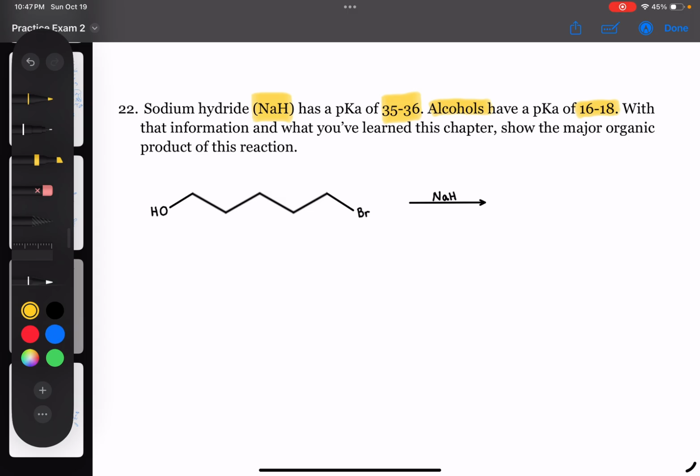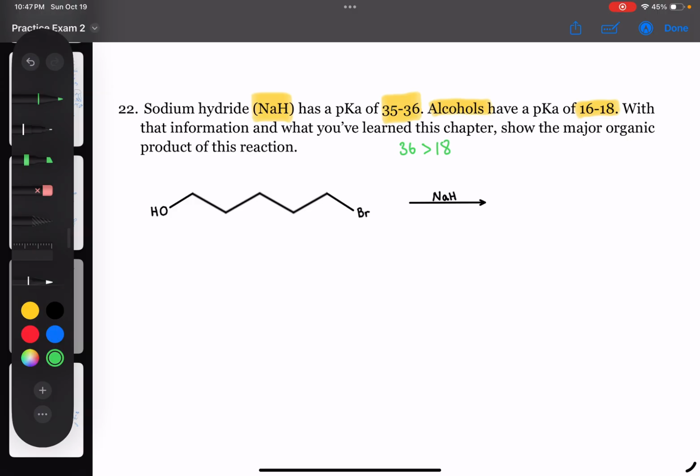this reaction. So what this information up here really tells us, the fact that sodium hydride has a pKa of about 36, and alcohols have a pKa of about 18, is that 36 is a lot bigger than 18. It's about 18 pKa units away, and we know that anything more than 10 is considered a really large pKa difference.